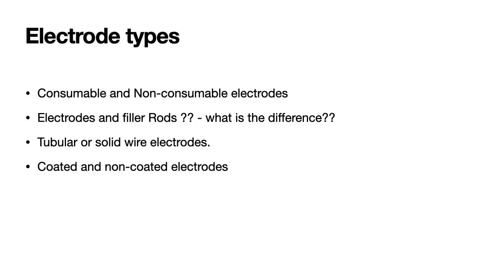Some electrodes are coated and some are non-coated. Each welding process will have its own peculiarities, and based on that some will use consumable, some will use coated electrodes, some will use non-consumable electrodes, and some will have a tubular or cored electrode. We will discuss this in more detail in the upcoming slides.